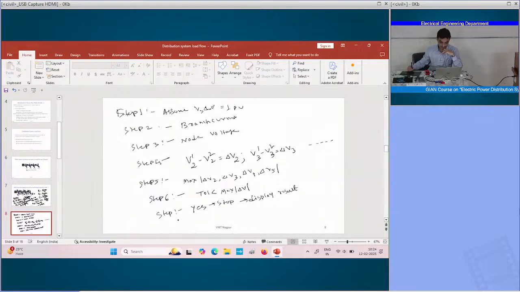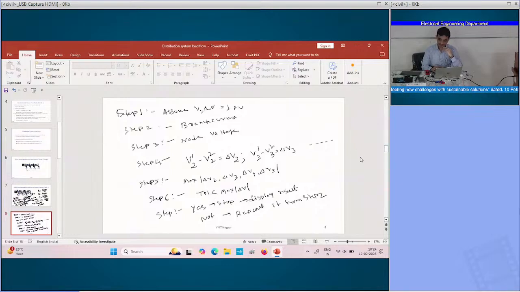And if not, then repeat it from step 2, and this cycle keeps on going for some time until we reach a value less than the tolerance value or not.